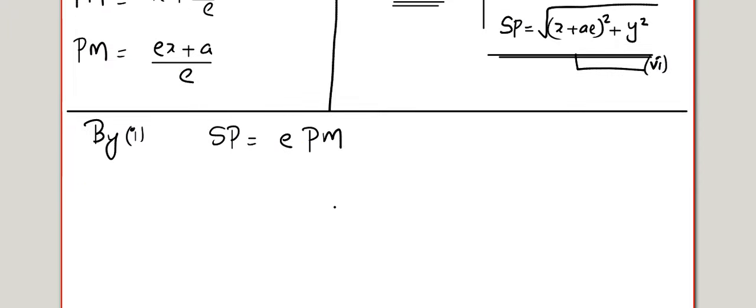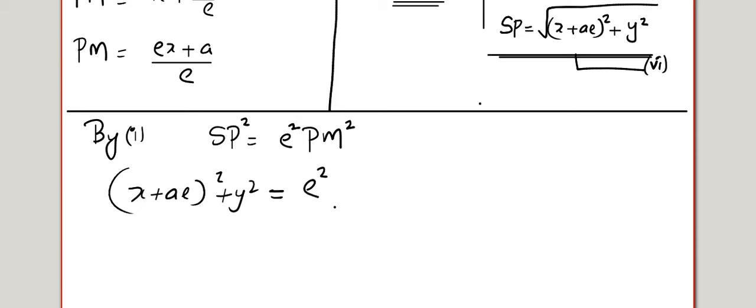Now I can see that our SP is in square root, right? So I'm going to square on both sides. And I'll plug in. So (x plus ae) the whole square plus y square. Look at this. I took the square root away because we are squaring. Is equal to e squared multiplied by (ex plus a) the whole square by e square.